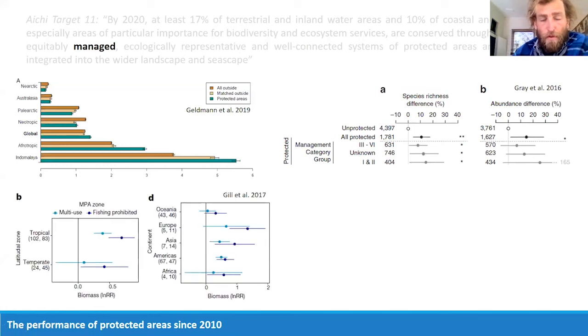We've also got, from the marine realm, a study by Gill et al. in 2017. This is a review of a controlled study of 218 marine protected areas. It showed that on average fish biomass is nearly double inside protected areas than in non-protected sites. Again, that's quite consistent across these different regions of the world.